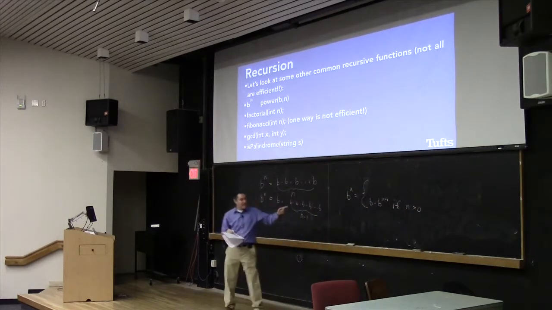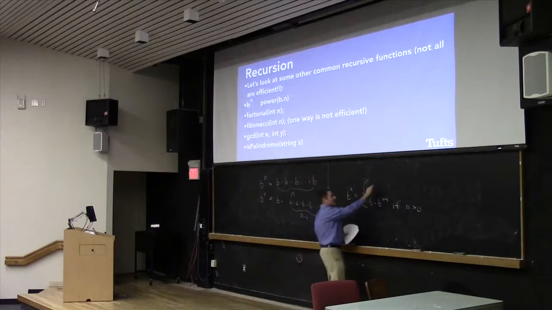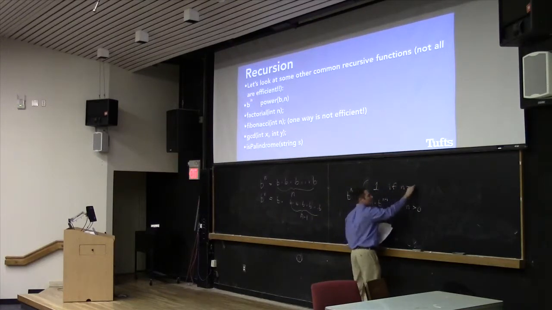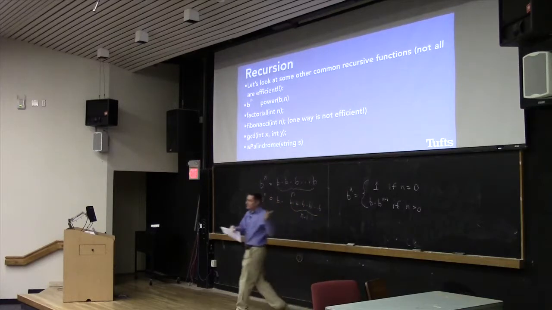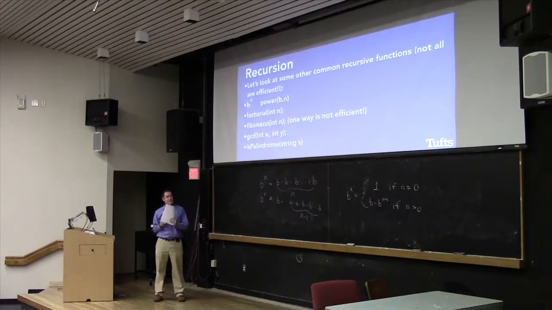If n is greater than 0, that's what the function is. The base case says if n equals 0, it's just going to be 1, because anything raised to the 0 power is just 1.